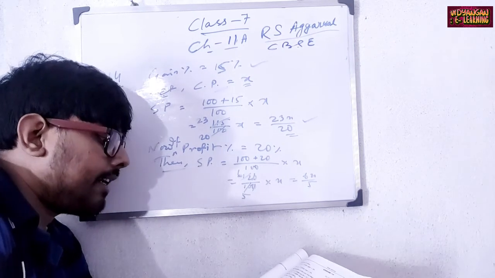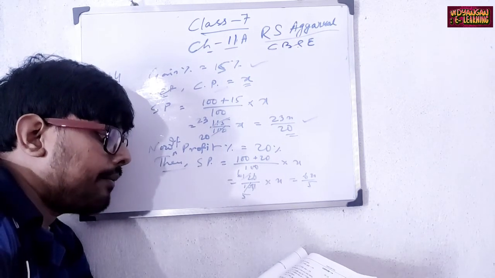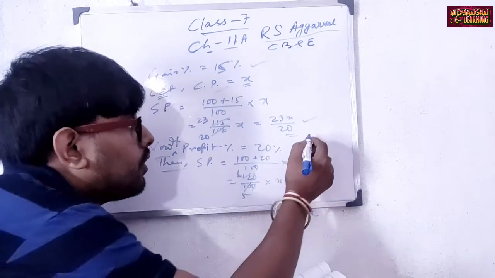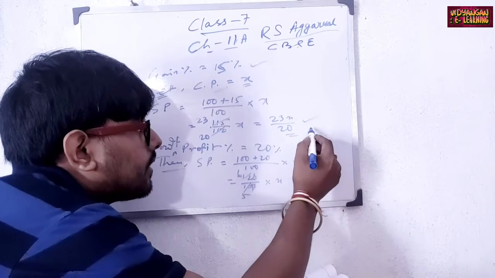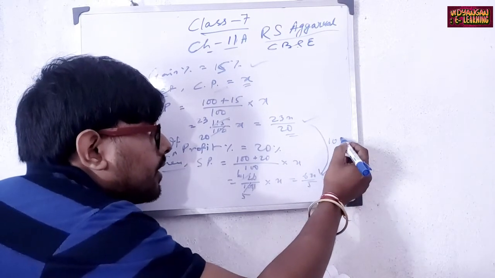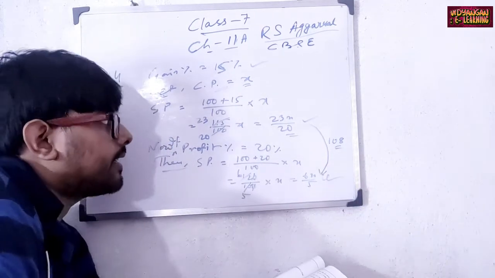And it is said that it was sold for rupees 108 more, so this selling price is greater than the other by 108.